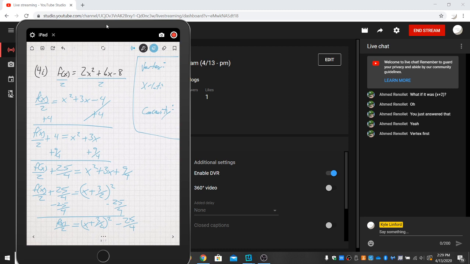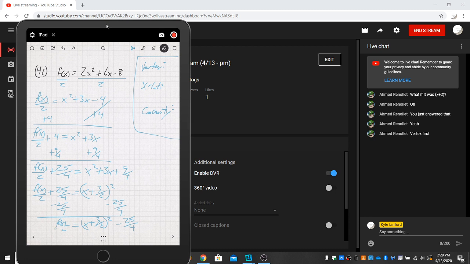Now, a couple things to note here. I have to remultiply everything by 2 because I've completed the square for this function. What I needed to do was complete the square for that function, the thing that had the 2 in it. So before I finish my work here, I have to multiply everything by 2.